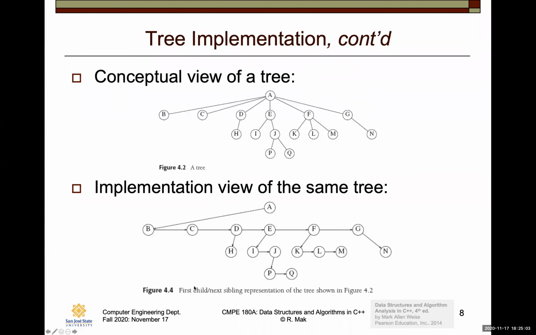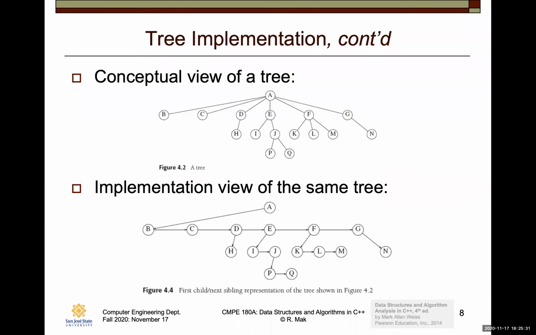And then here's D. D has 1 child, and so its first child link would point to H. Here's E, its first child is I. I has a sibling, J, so it's pointing to J. J has 2 children, P and Q. So J points to the first child, and P points to its sibling, and so forth. So this is how we could implement the tree.